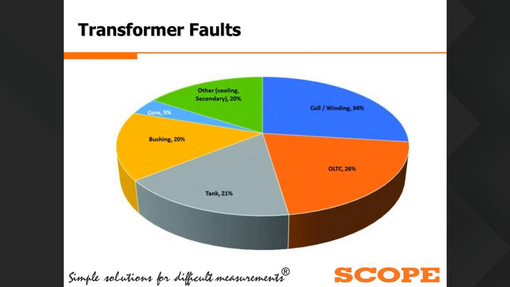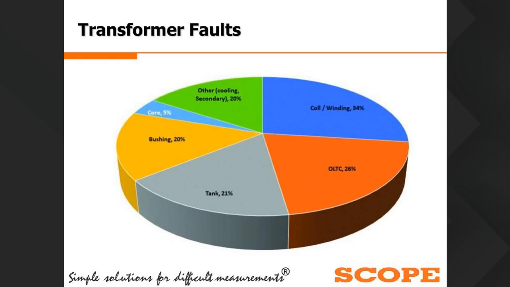If you concentrate on related parts failure of the transformer, this data I have also taken from an IEEE paper. The OLTC failure rate is around 26%. Some papers like IEC give the failure of the OLTC as 30% or 35%. Then winding failure is 34%.